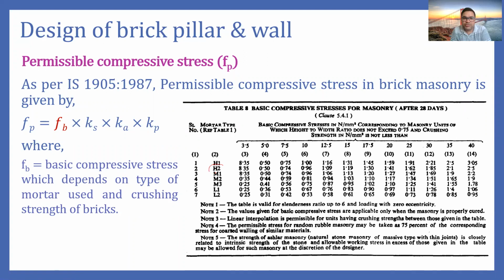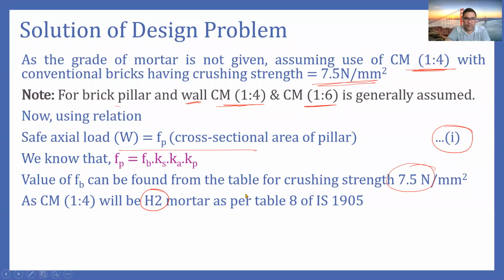Here you can see we are using H2 mortar and the crushing strength of the brick is 7.5. Corresponding to this, the value of FB is 0.74 Newton per mm square. So again, going to the problem, that is our FB value, 0.74, using table number 8.